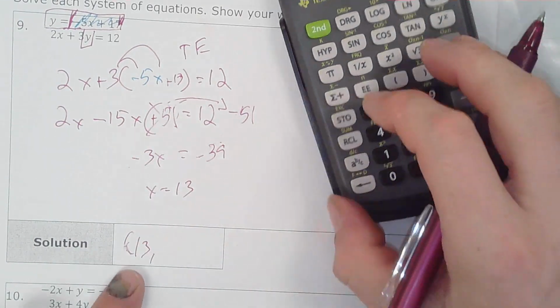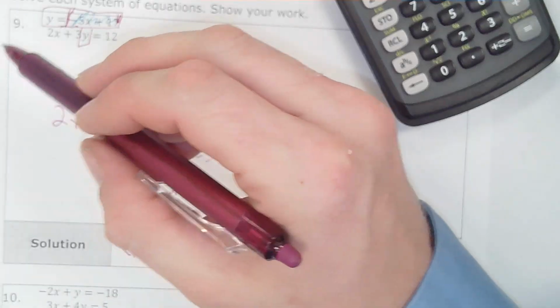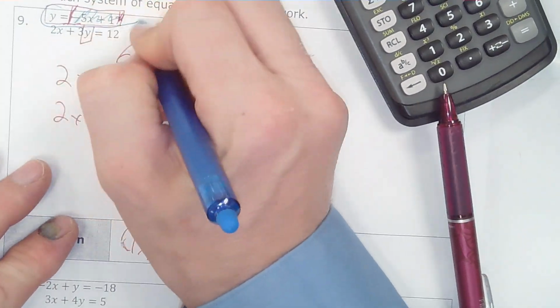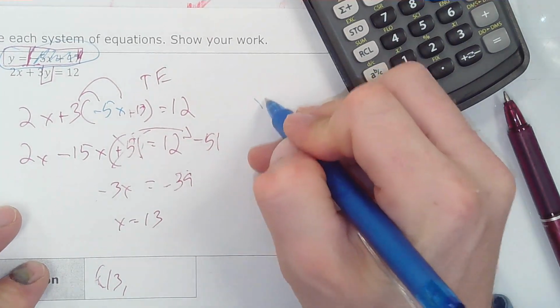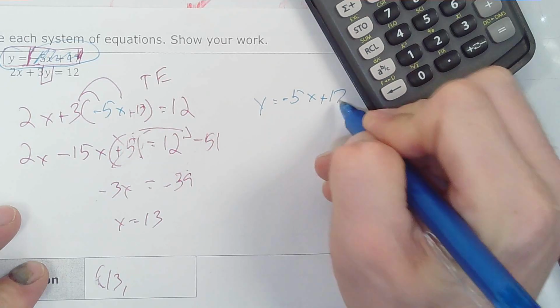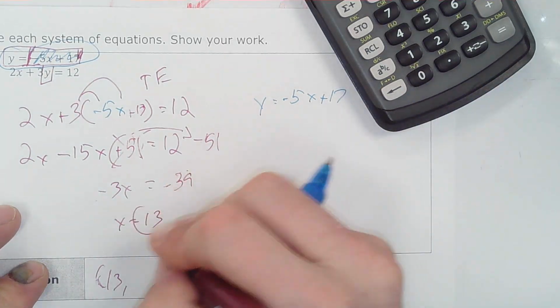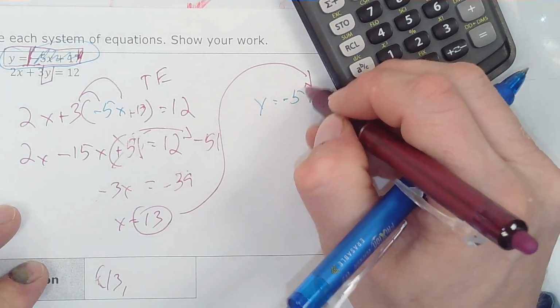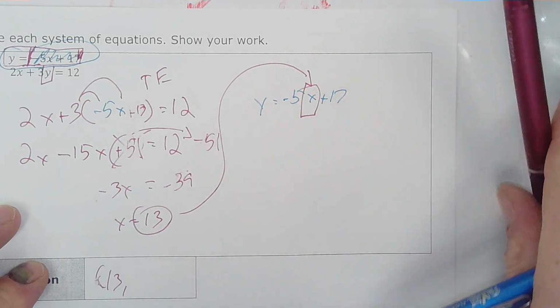Okay, I already have a y value, something in terms of y. So this equation was y equals negative 5x plus 17. I'm going to take this 13, recycle it into my x right here, because that's what x equals.